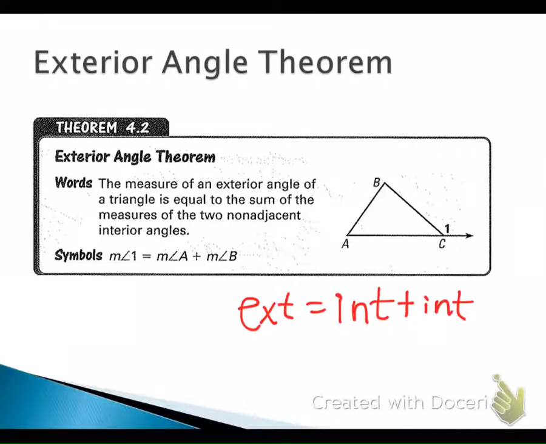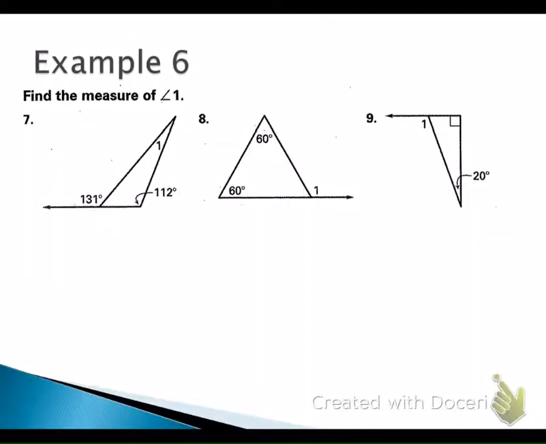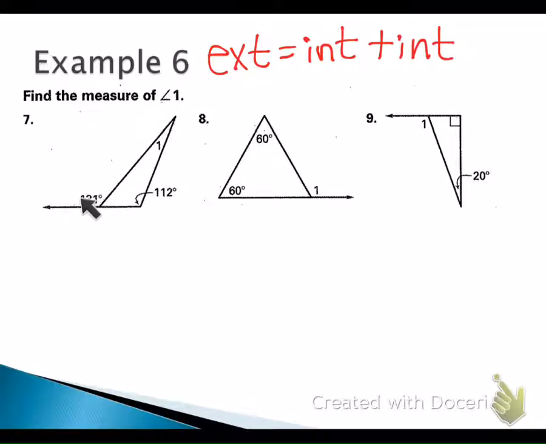So that's what we're going to do. We are going to use that same idea. Exterior equals interior plus interior on all these problems. Now on this example, they give us the exterior angle.